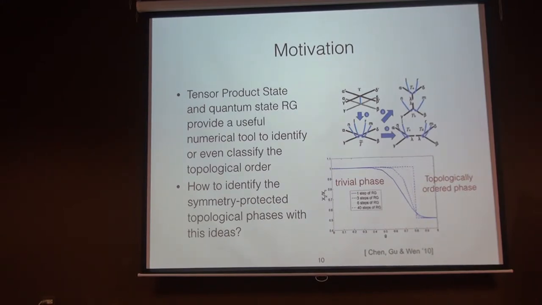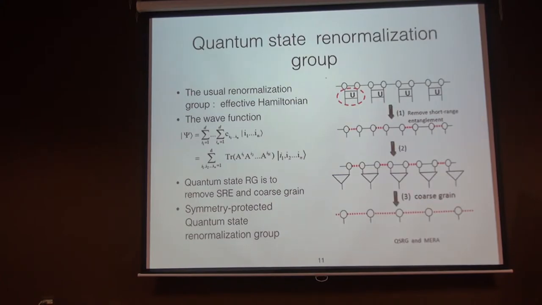Okay, so here we would like to generalize this to the symmetry protected topological order phase. We know that the usual RG is the coarse-graining of a block of degrees of freedom in the Hamiltonian, so we can obtain the effective Hamiltonian.